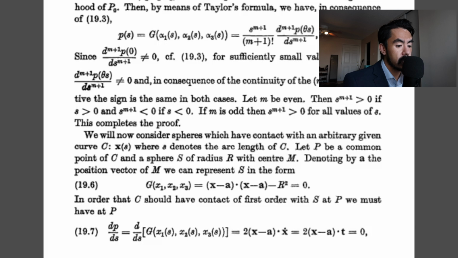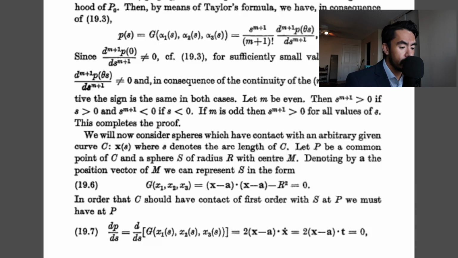Then we have minus r squared, where r is the radius of what we're going to be calling the osculating sphere momentarily. This relation of these two dot products minus the square of the radius of the osculating sphere is equal to 0.